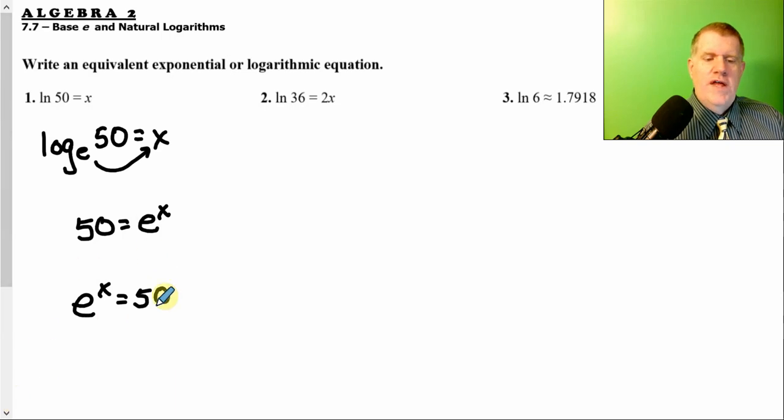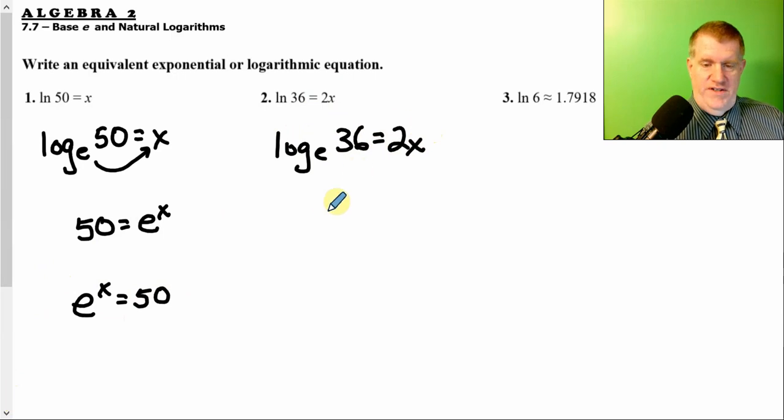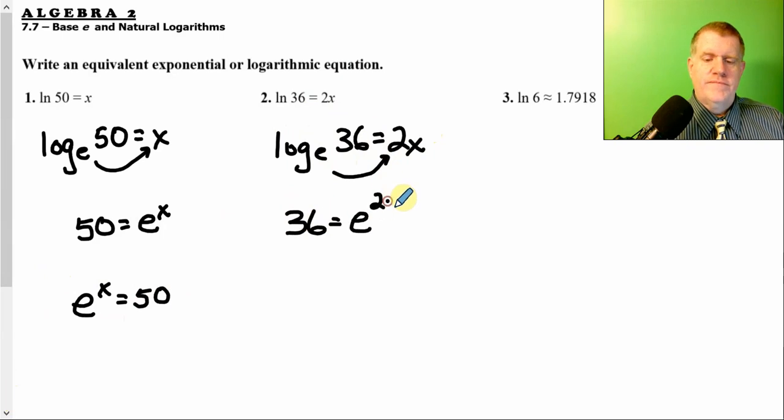That's the equivalent statement. We don't have to solve it. Now you don't have to rewrite this every time. I'm just showing you. So your base is e. It jumps over here. 36 equals e to the 2x. Or, again, it doesn't matter which way you write it.